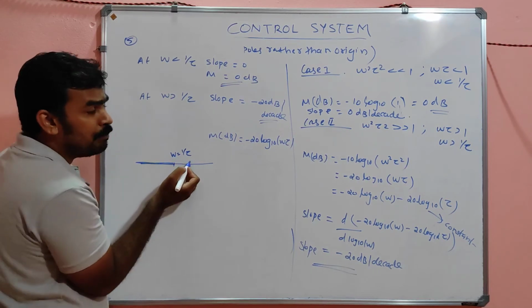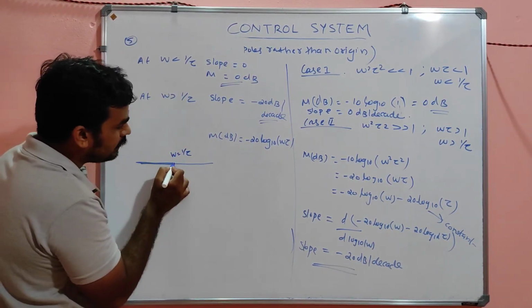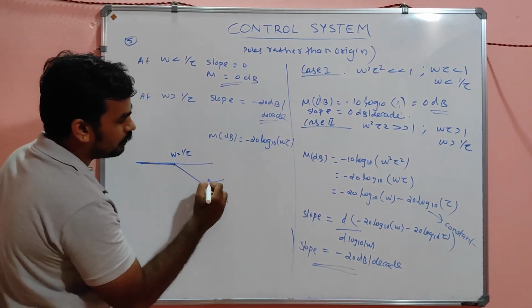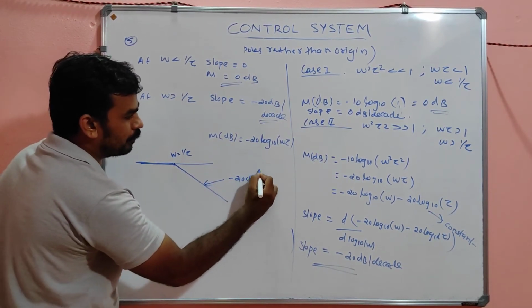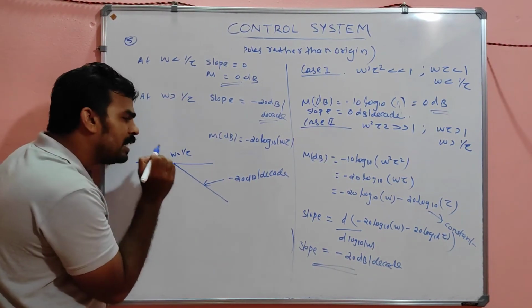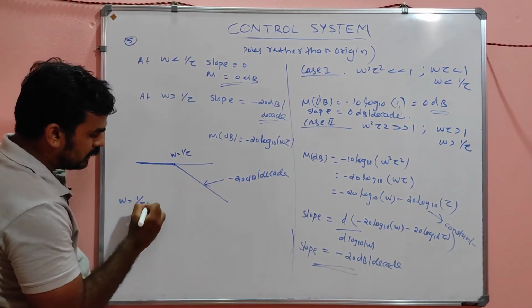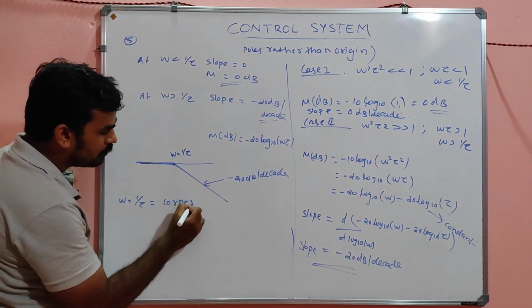At omega equal to 1 by tau or greater, after this point, suddenly the slope changed to minus 20 dB per decade. So omega equal to 1 by tau is called the corner frequency.